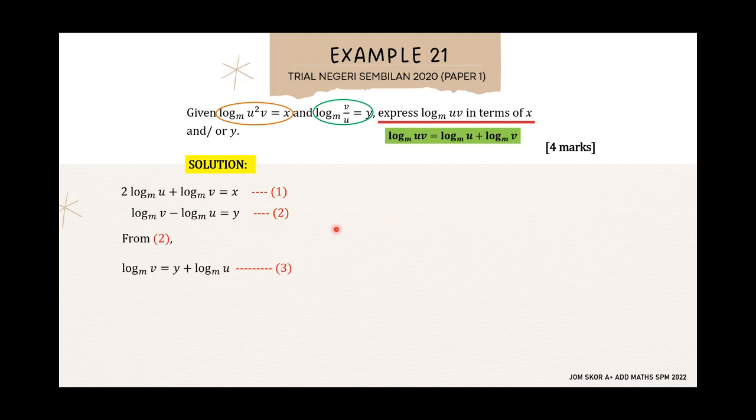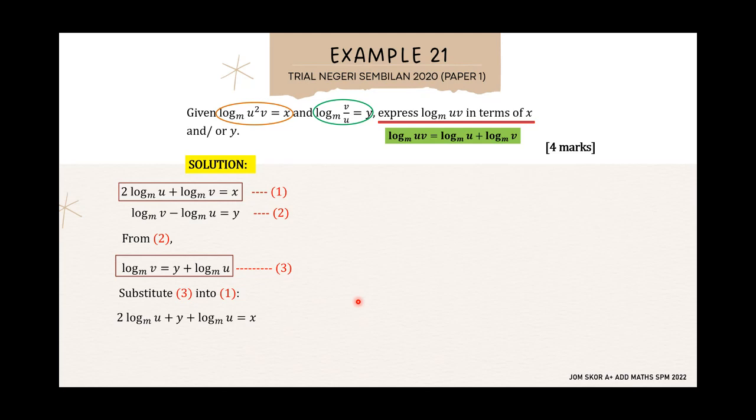Okay. From equation number 2, kita jadikan log v base m is equal to y plus log u. Okay. Kita akan substitutekan nilai ini tadi dalam equation yang pertama. Okay, sini kita masukkan dalam equation yang pertama. So whatever value of log v base m, gantikan dengan y plus log u. Kita akan dapat 2 log u base m plus y plus log u base m is equal to x.